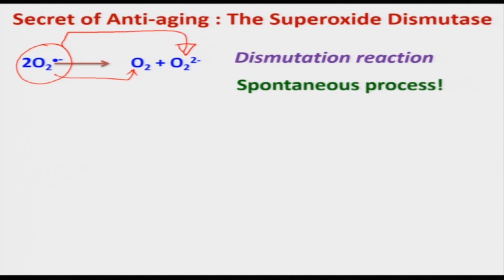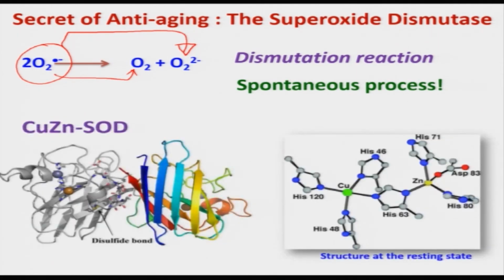Although this is a spontaneous process, nature designed an enzyme called superoxide dismutase, which immediately decomposes these superoxides with a k catalyst value of 2 times 10 to the power 9 mole inverse second inverse, and destroys these superoxides to peroxide and dioxygen.